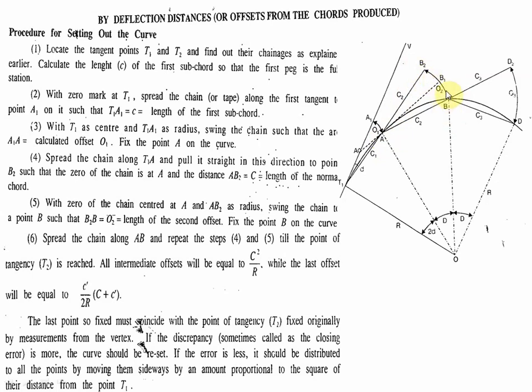You have to swing it up to a length equal to offset O2. If offset O2 is about 0.5 meter, then you swing it up to 0.5 meter and fix this point B. Again the same procedure you have to conduct. This is about the offsets from the chord produced.